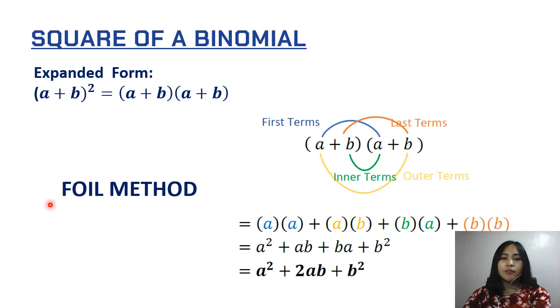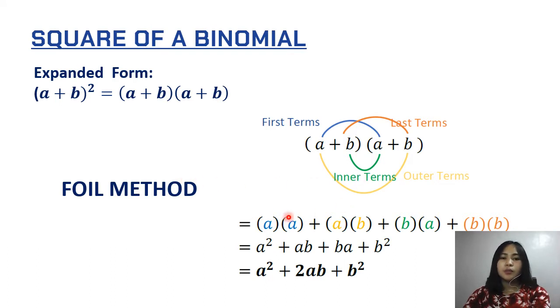F stands for first term, O stands for outer terms, I stands for inner terms, and L stands for last term. If you can still remember, we will use the FOIL method in solving the product of a square of a binomial.